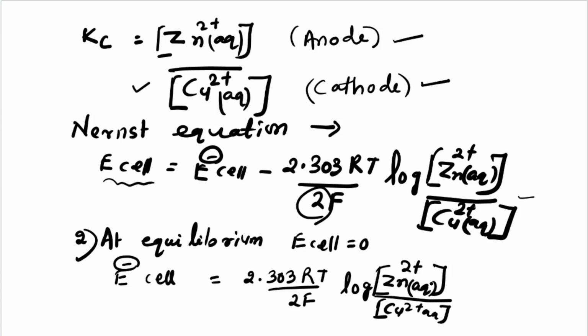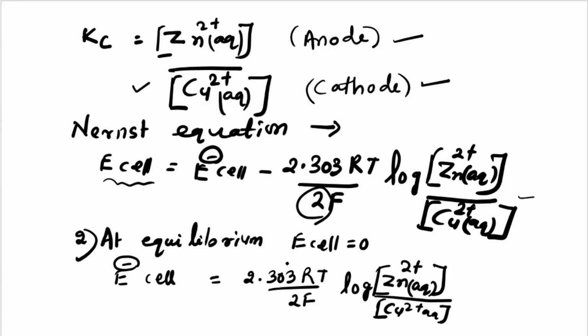Or you can say in electrochemistry, the concentration of what is present at the anode divided by the concentration at the cathode. So Zn plus 2 concentration divided by Cu plus 2 concentration. So I hope it is clear.